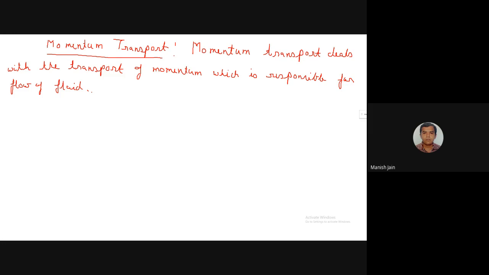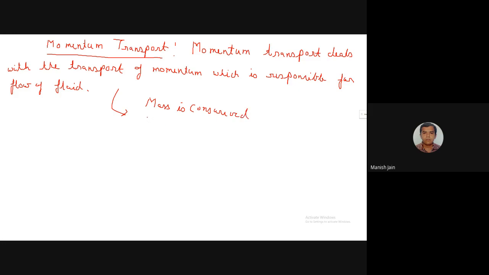Similar to the first law, when you write the same law for momentum transport, you have a law that tells you that mass is conserved. Mass cannot be created, cannot be destroyed.